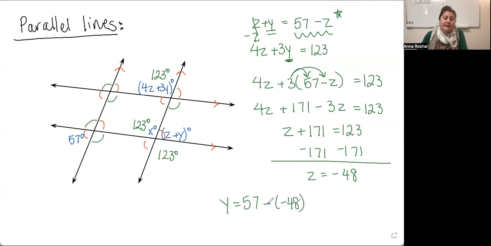When I have a negative and a negative, we're going to add that. And so Y is going to be 105. And then we know that X is 123.